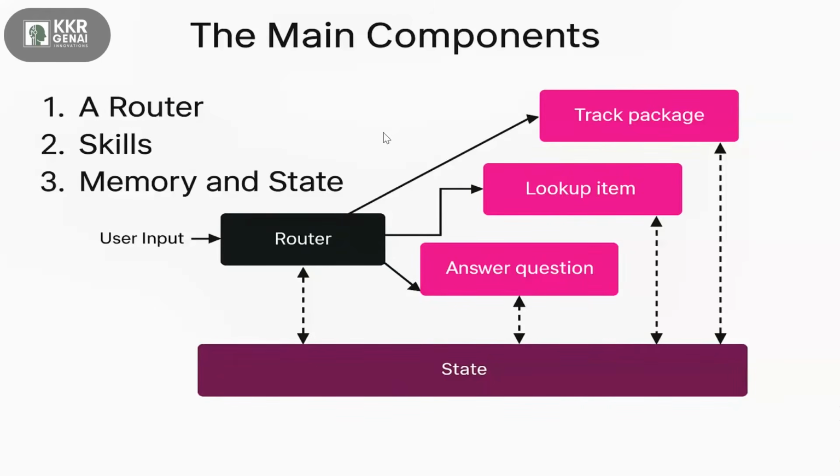Now, to implement agentic applications, you have to choose either LangGraph, CrewAI, or AutoGen. These are the major frameworks we use to implement agentic AI applications with the help of the components of router, skills, memory, and state.